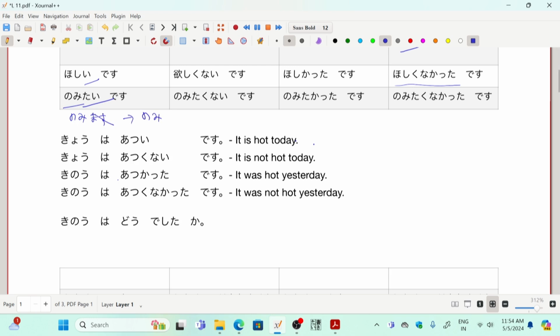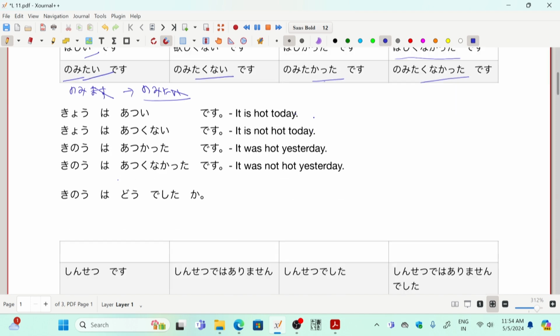So it has become nomitai. Nomitakunai desu, negative, we cut E, add kunai. Nomitakatta desu, we cut E and add katta. And finally we cut E and add kunakatta. Nomitakunakatta desu, I didn't want to drink.